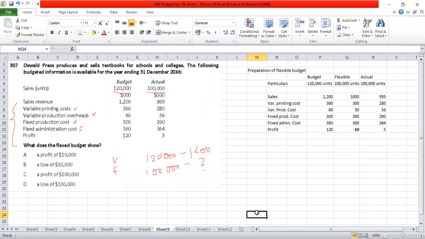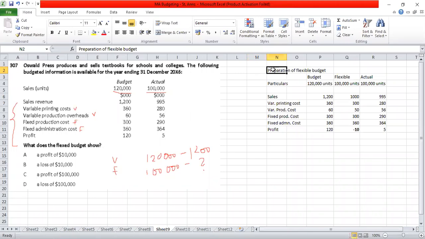So the only point we have to remember under flexible budget is that there are two different types of cost, variable cost and fixed cost. Variable cost and sales vary proportionately. Fixed cost is a cost which does not vary. It remains fixed. So the fixed components will have to be written same for whatever is the activity level.